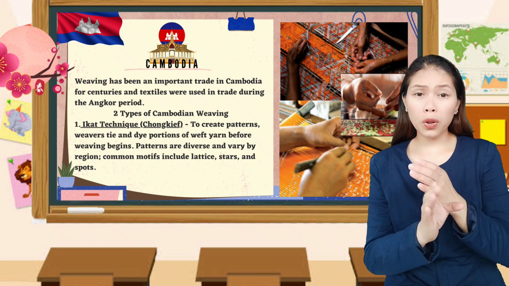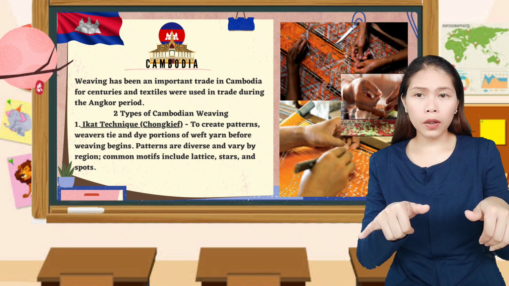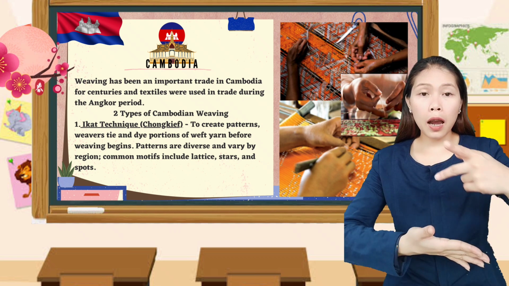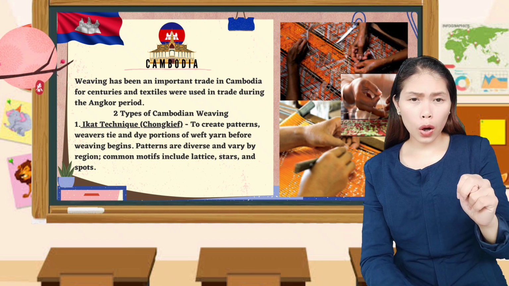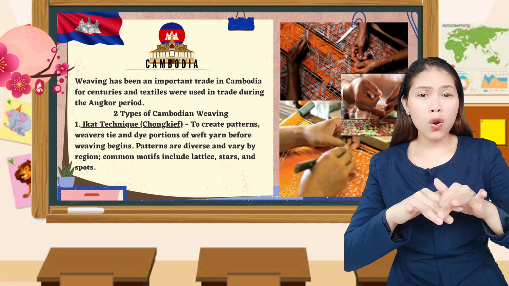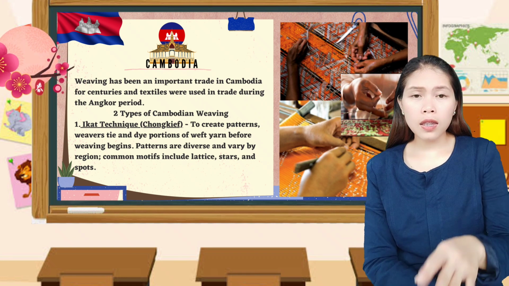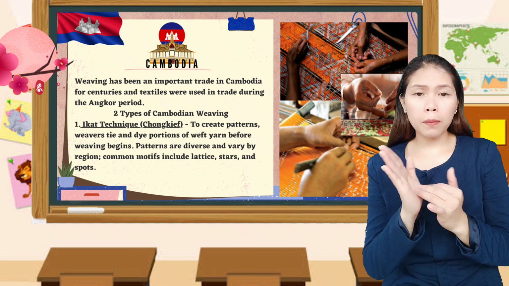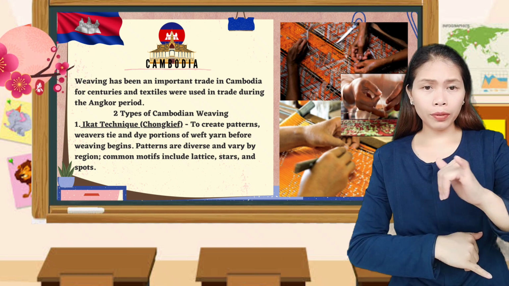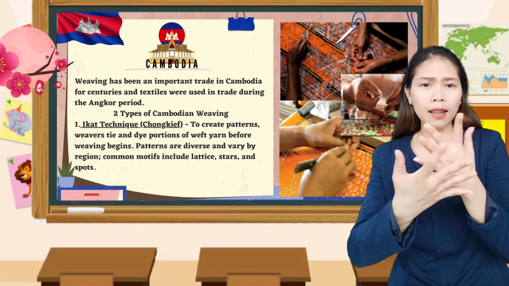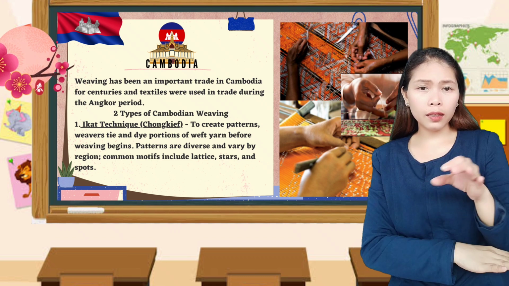To create patterns, weavers tie and dye portions of wet yarn before weaving begins. Patterns are diverse and vary by region. Common motifs include lattice, stars, and spots.